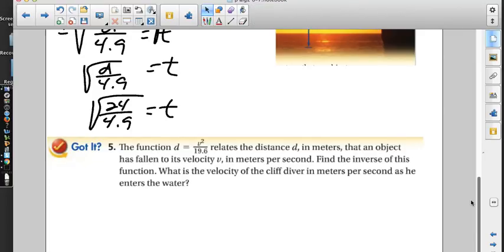So square root of 24 divided by 4.9. So about 2 point, did they say what we should round to? We'll go with 2.21 seconds.